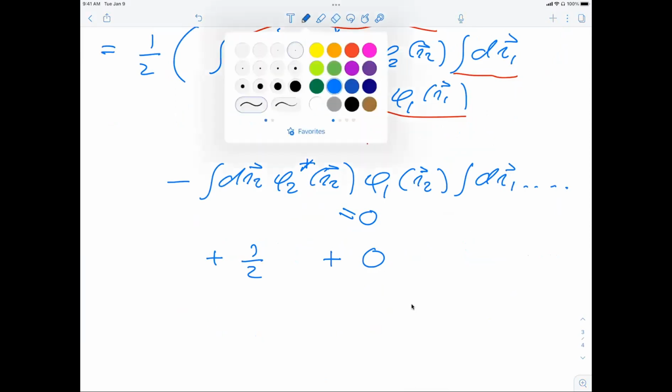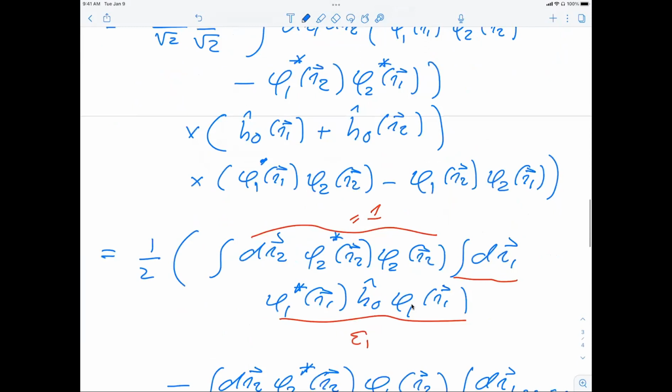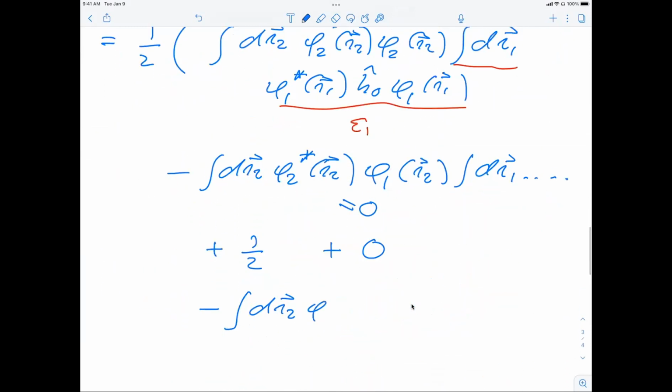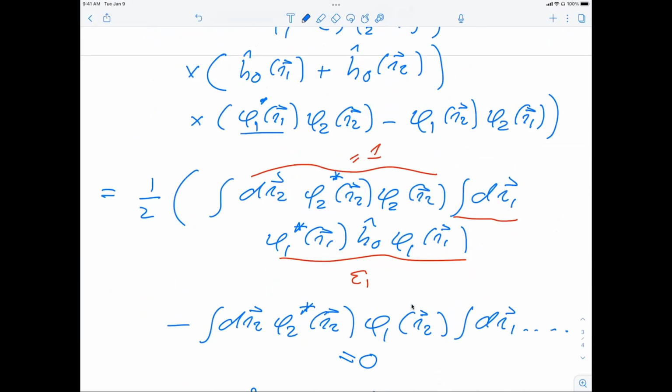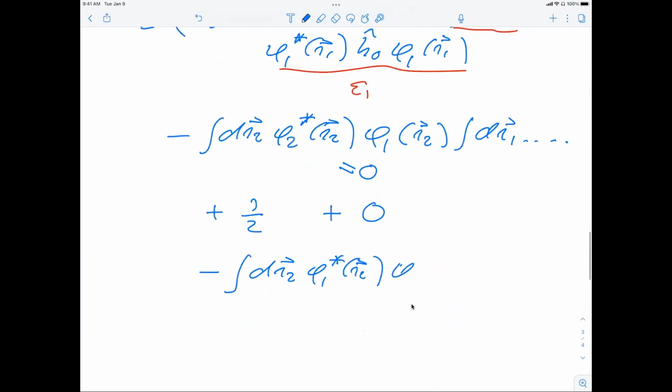So the next integral is a minus, and then I have a dr2 here, and then we are going to have a minus phi 1 R2. But then I'm multiplying with the first term here, so it's going to have a phi 2 R2 here. And then I have the dr1 here. And you see this is also equal to 0.